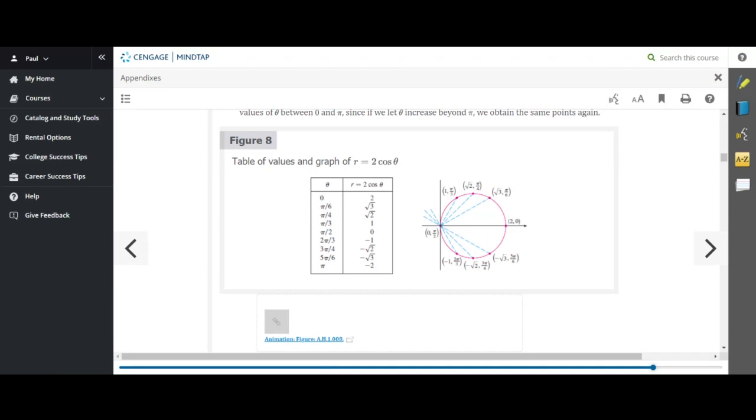Of course, you will have the Desmos graphing calculator available to you on the final exam. Let me share Desmos.